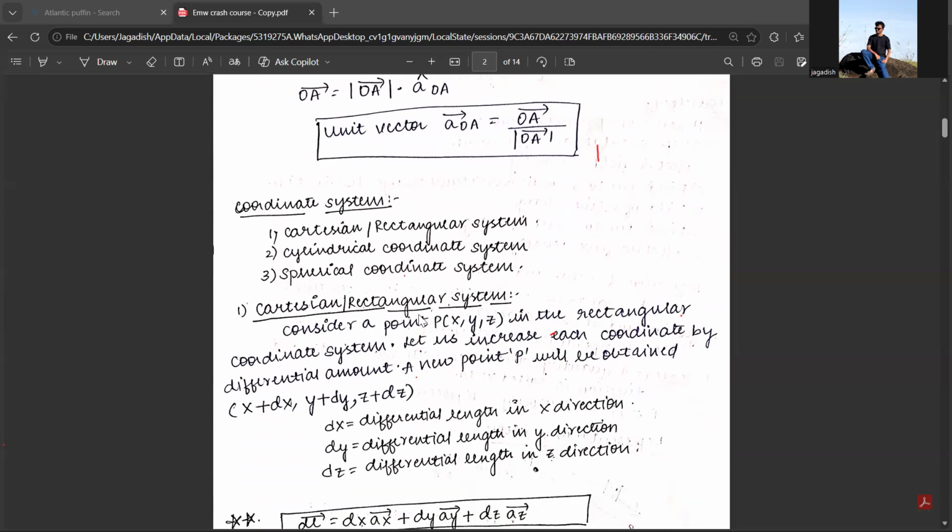Whenever we consider a point (x, y, z) in the rectangular coordinate system, we will be having three directions x, y and z.